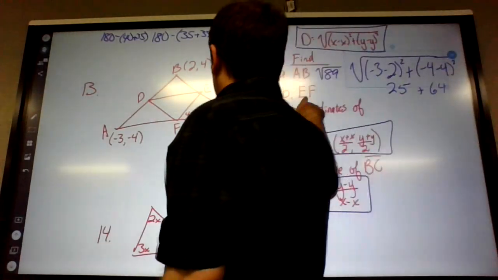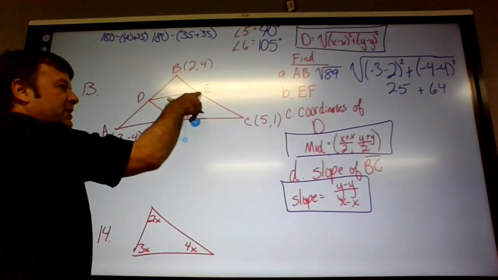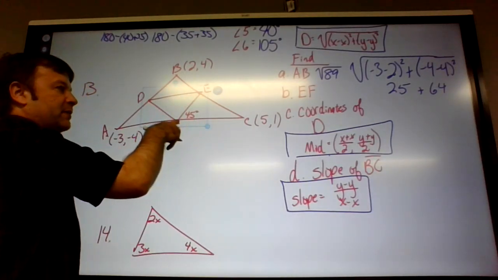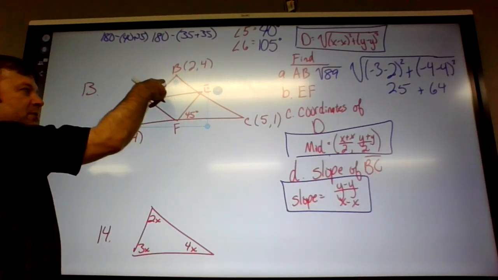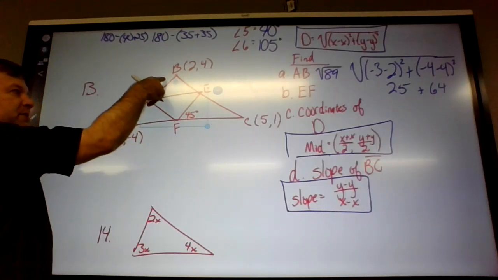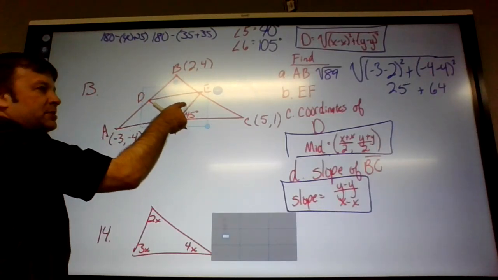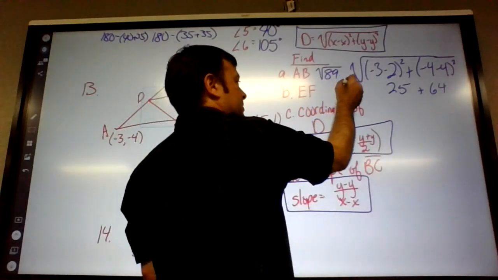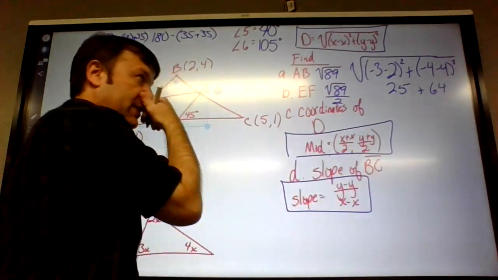Now, EF, they don't tell me the coordinates for E and F, so how could I find the length for EF? Divided by 2. Right. A mid-segment, you guys remember this? Mid-segments are parallel to this line, and they are half the length. So if I know this is square root of 89, this one's just going to be divided by 2, so it's square root of 89 divided by 2.